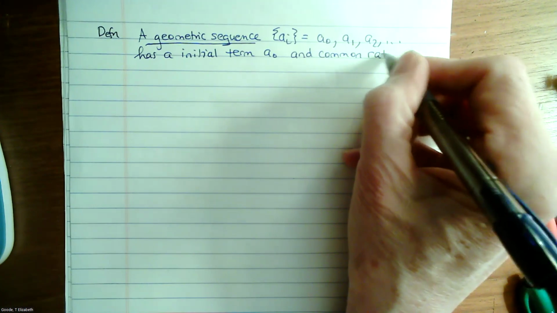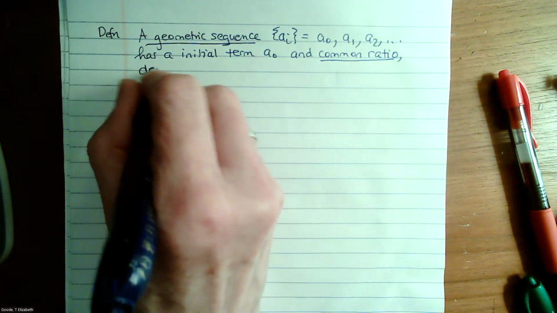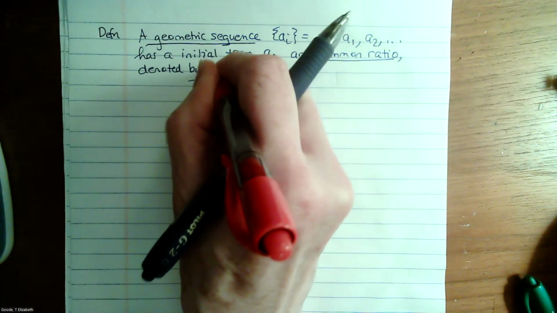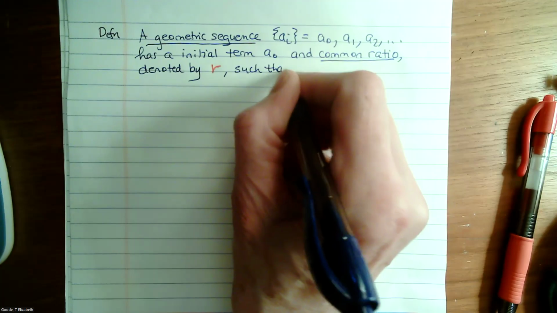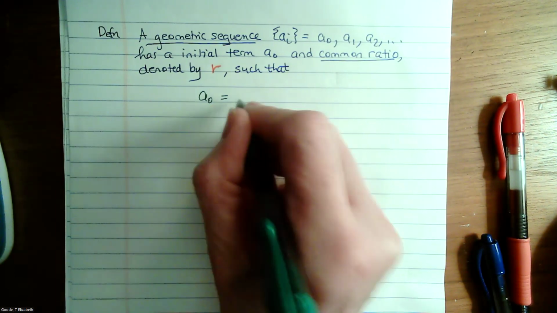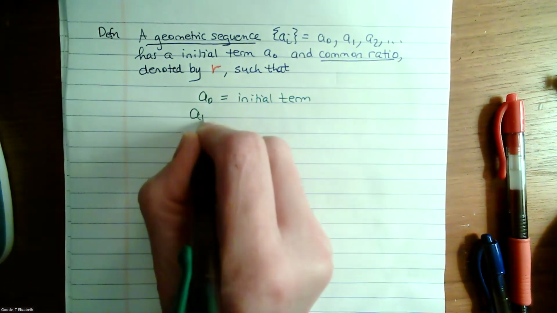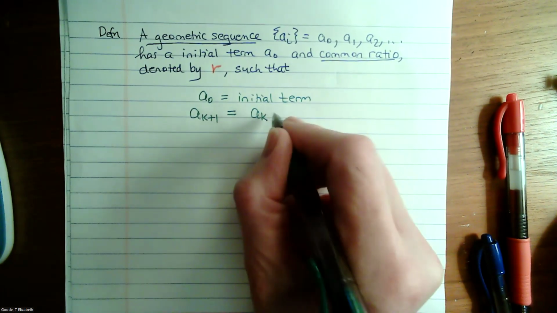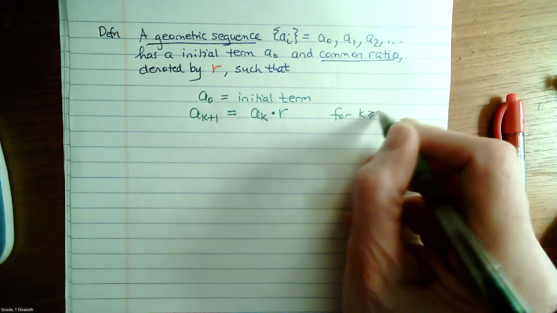Instead of a common difference, we have a common ratio denoted by R, such that the way the sequence looks is a naught is the initial term, and to get a sub k plus 1, that's equal to the term before, a sub k, times R. And this works for k greater than or equal to 0.